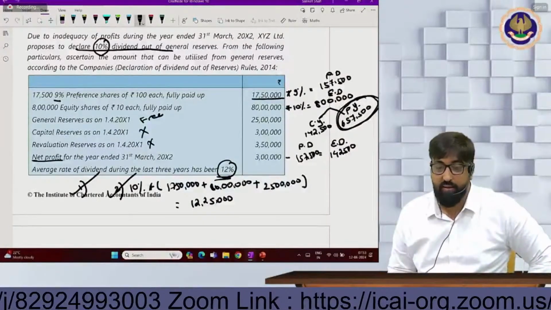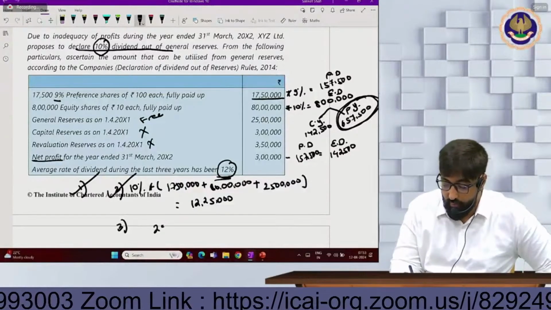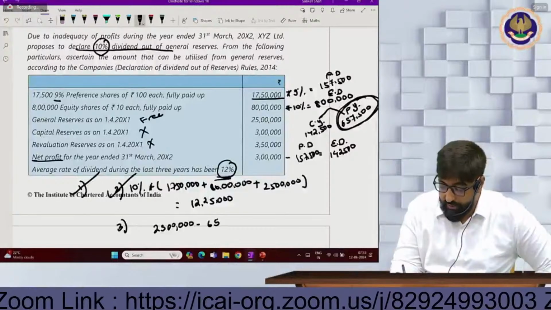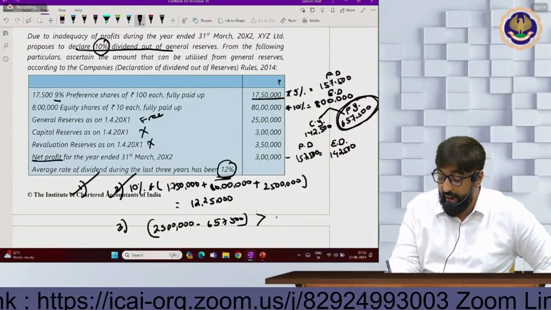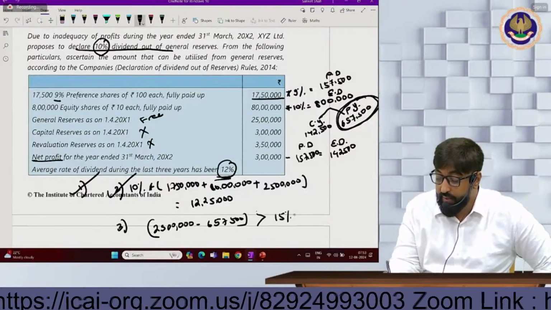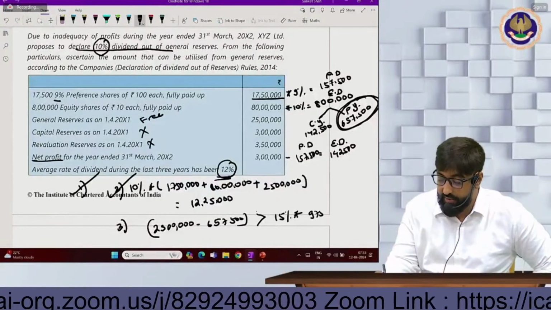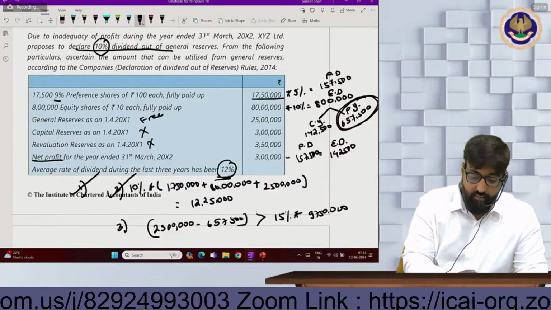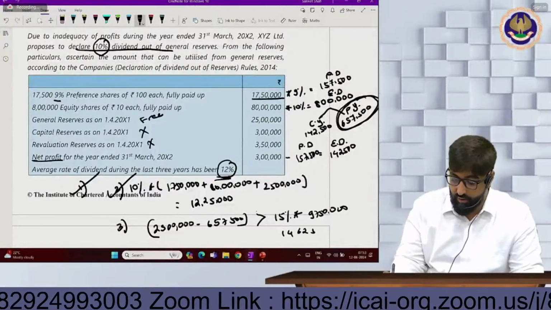Correct? Third condition: after withdrawal. After withdrawal, if I withdraw 657,500 from 25 lakhs, the balance must be greater than 15% of share capital. Now, share capital means 97 lakh 50,000. Let's check this: 97 lakh 50,000 into 15% is 14 lakh 62,500.